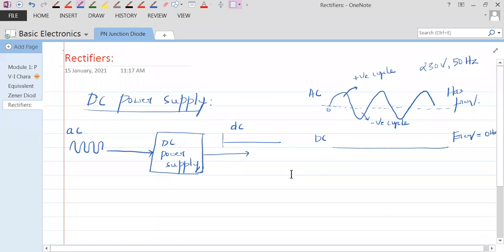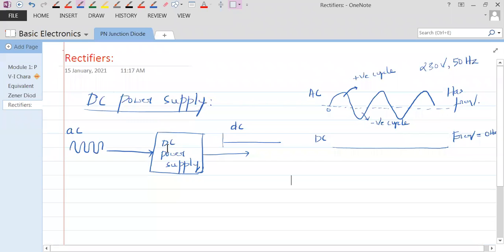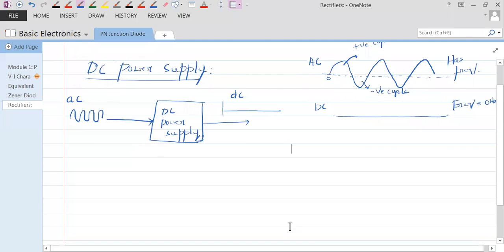Just understand where the rectifier is situated within this DC power supply and what it is doing within it. So how is it going to look? See here. Suppose you take rectifiers, okay, let's put a box here. This is one of the blocks in the DC power supply.